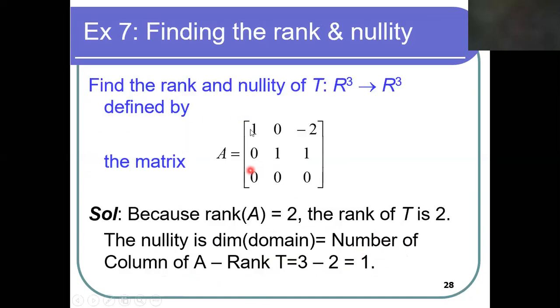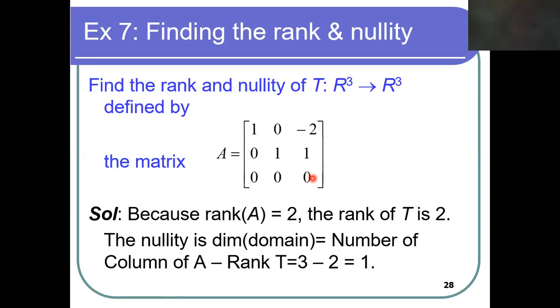Here you can see the rank is the number of non-zero rows of any matrix in echelon or reduced echelon form. If you can see over here, this is the reduced matrix. So the number of non-zero rows is 2 and it has one free variable. The number of free variables corresponds to the nullity of the transformation.